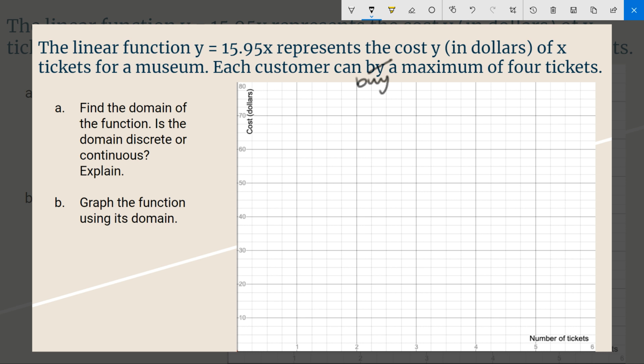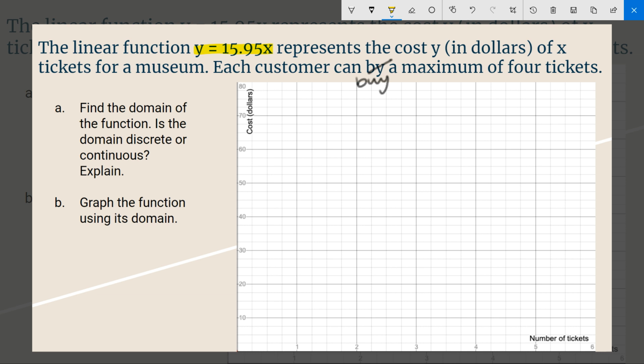So the domain of a function really depends on the real life context of the problem, not just the equation that we're using to represent the function. Because we have this equation, y equals 15.95x, and if you graph that, you would just get a straight line that continues all the way to the left, all the way to the right, because lines continue in both directions forever.